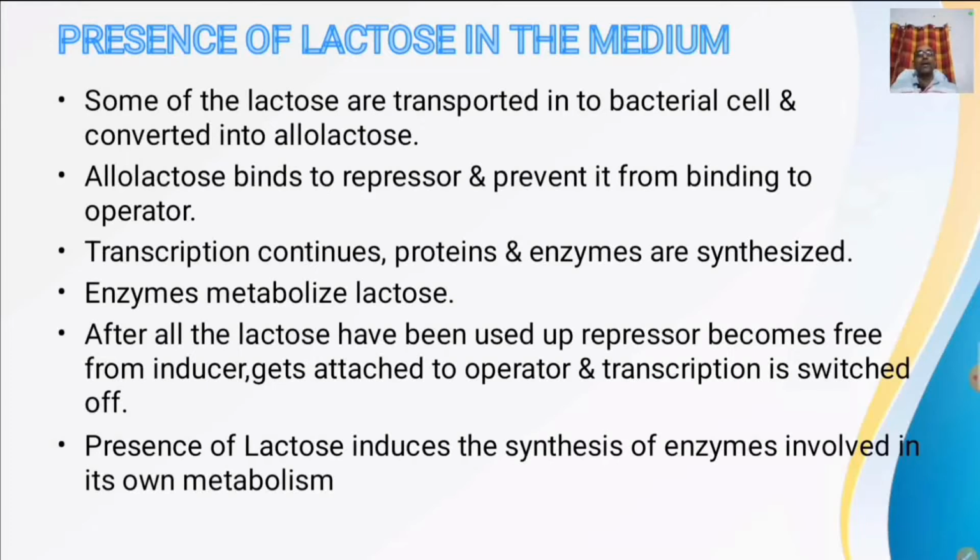The allolactose binds to the repressor, which is encoded by the I gene, and prevents it from binding to the operator. When lactose was totally absent, the repressor easily attached to the operator region, but now allolactose prevents the repressor from binding to it.